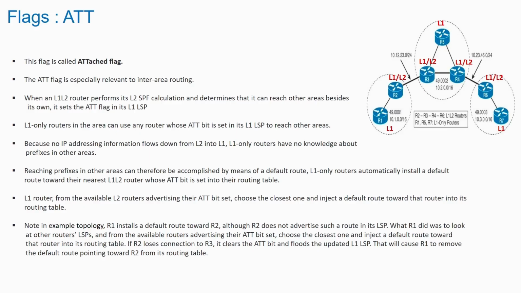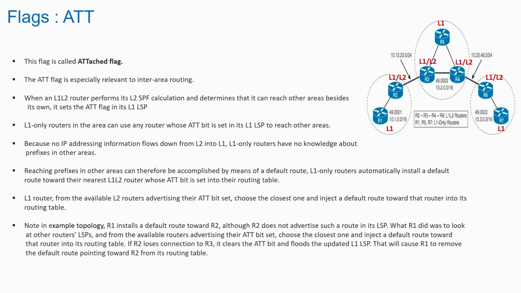L1-only routers automatically install a default route towards their nearest L1-L2 router whose attached bit is set into their routing table. The L1 router, from the available L2 routers advertising their attached bit set, chooses the closest one and injects a default route towards that router into its routing table.